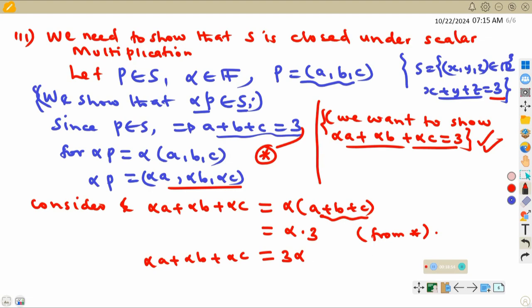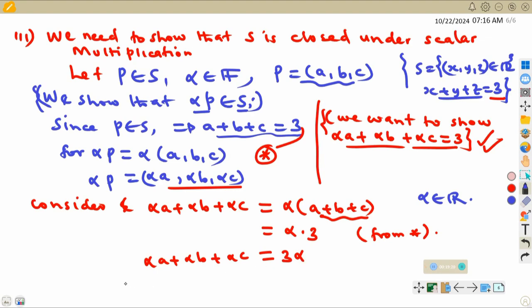What does that imply? Remember, we wanted to show that alpha A plus alpha B plus alpha C is equal to 3. But instead we are getting 3 alpha. So when you get 3 alpha, what does that mean? Remember, alpha is a real number. So since alpha is a real number, this expression will not hold for all the values of alpha.